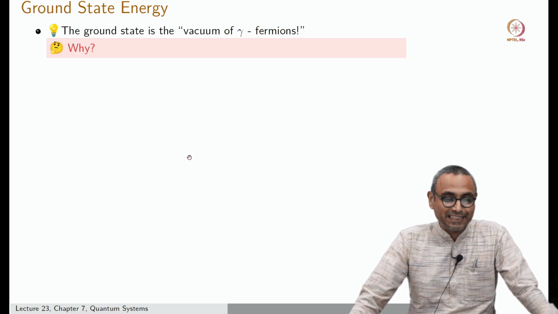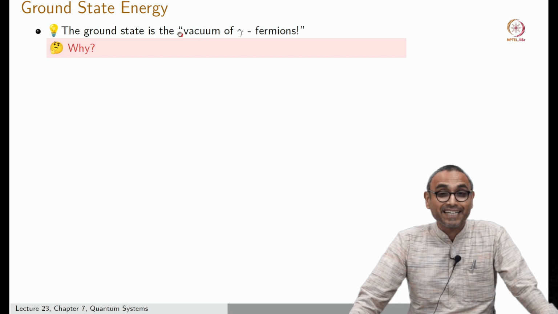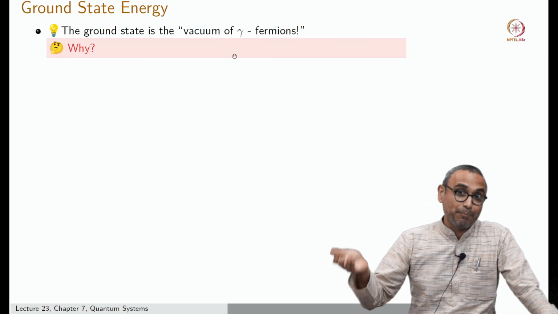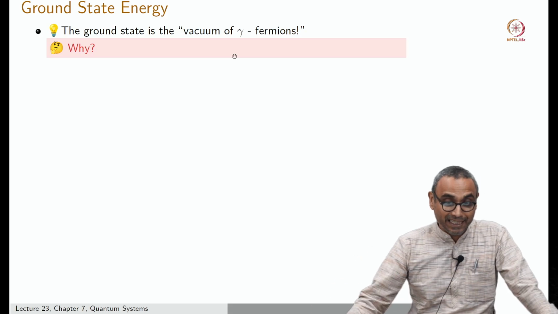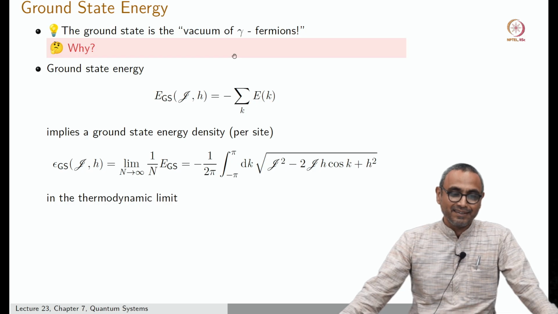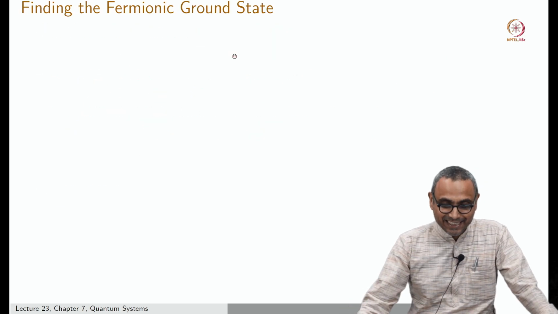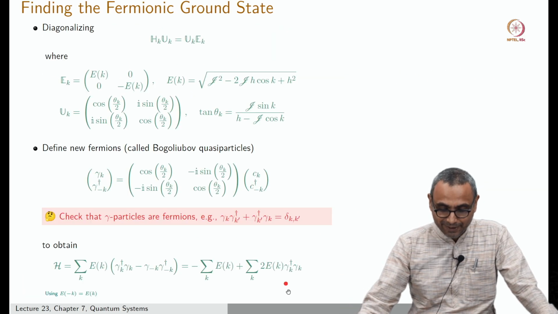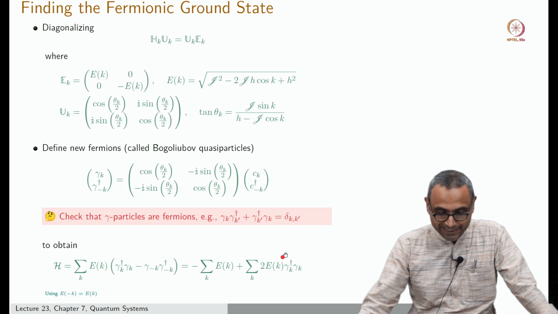So if you take these things together, you will see that there cannot be any gamma fermions, because if I have any gamma fermion, I will have a positive energy state occupied, but that is not what a fermionic ground state is. So since I don't have any Bogoliubov quasiparticles in the ground state, I can just drop this and the ground state energy is just this quantity.